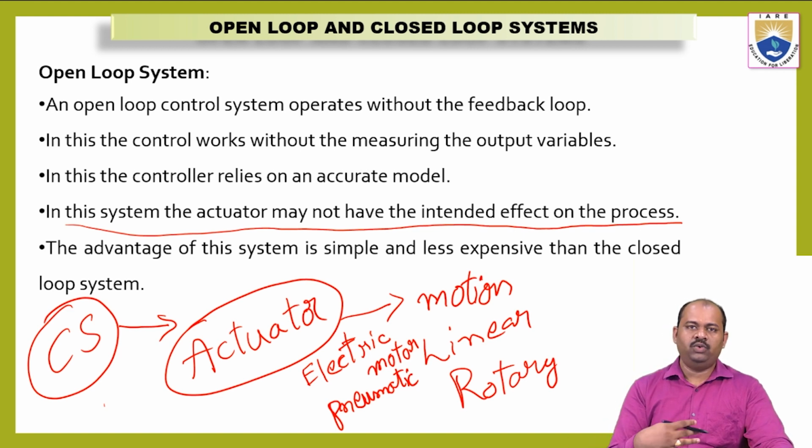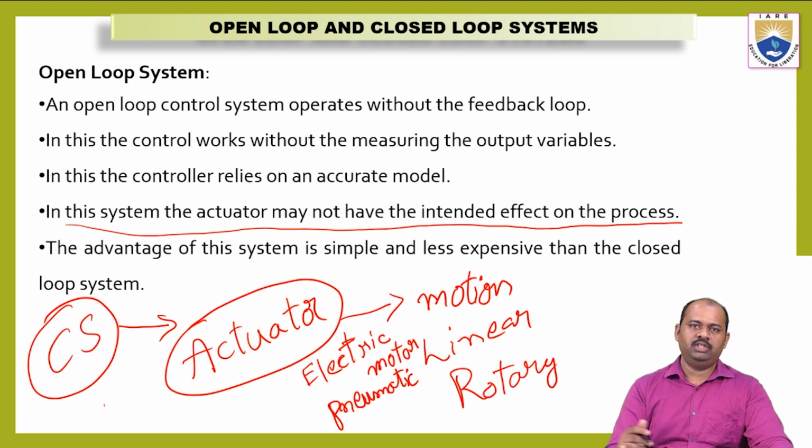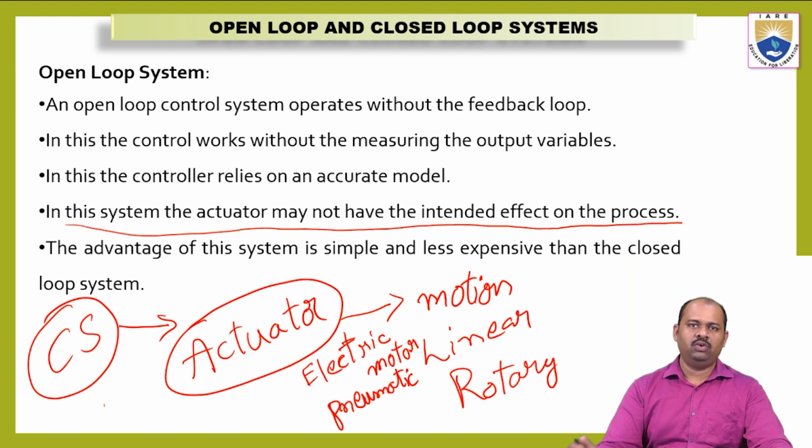That means I don't know how the output is. I know the input values because they are predefined, but I don't know what the output end product is. Without knowing the end product parameters, we cannot give feedback to the input, so the actuator will not change according to the requirement. Here there is no feedback system, there is no control over the actuator. The actuator cannot affect the process.